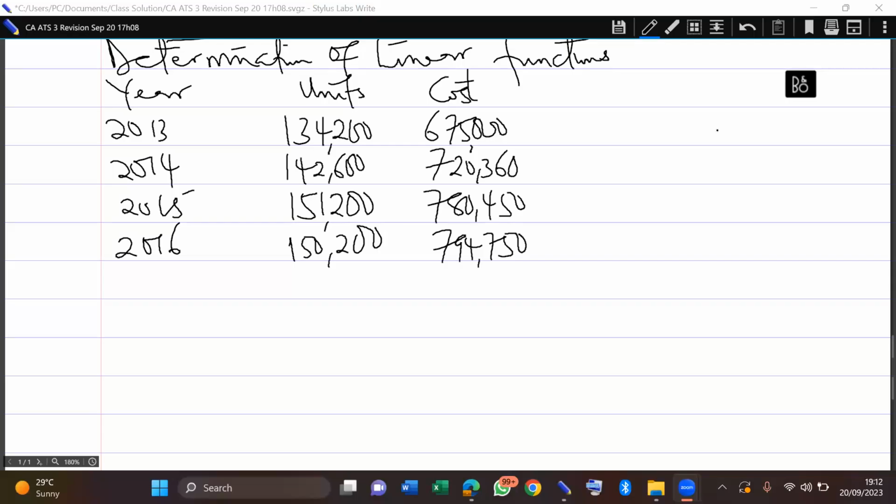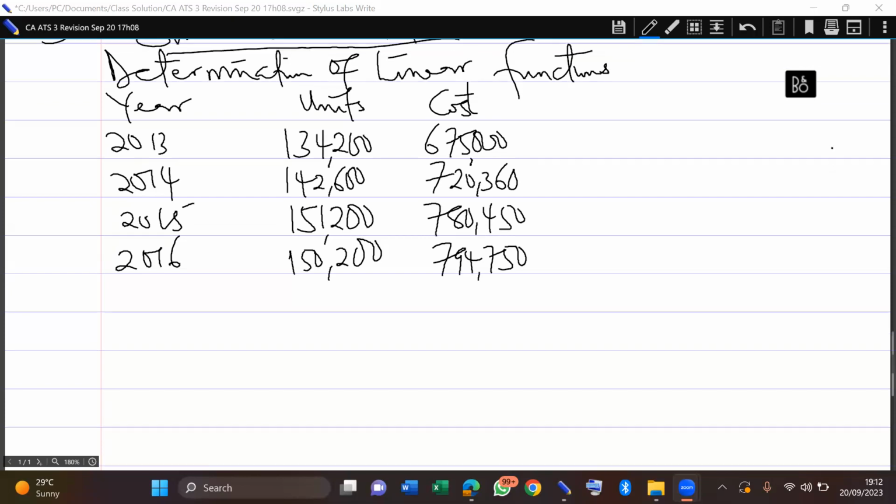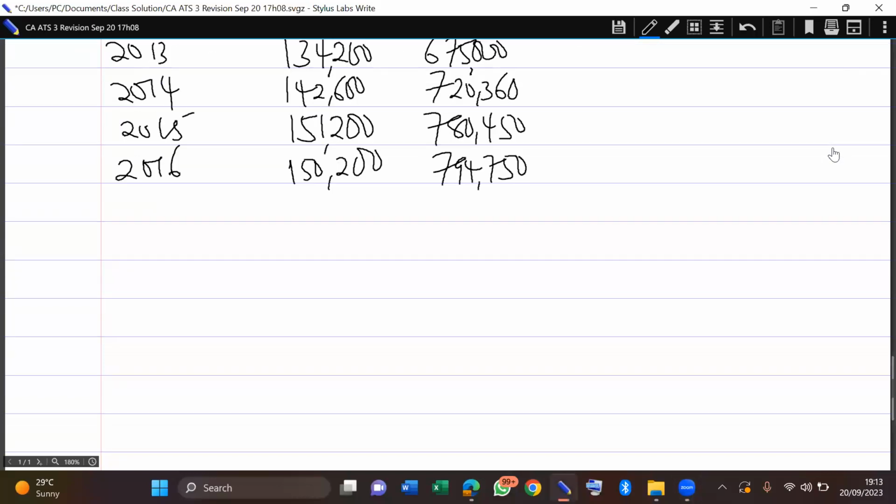So we have our year, we have our units, we have our cost. Which method do you think we can use to determine our linear function? Just use the high and low method.